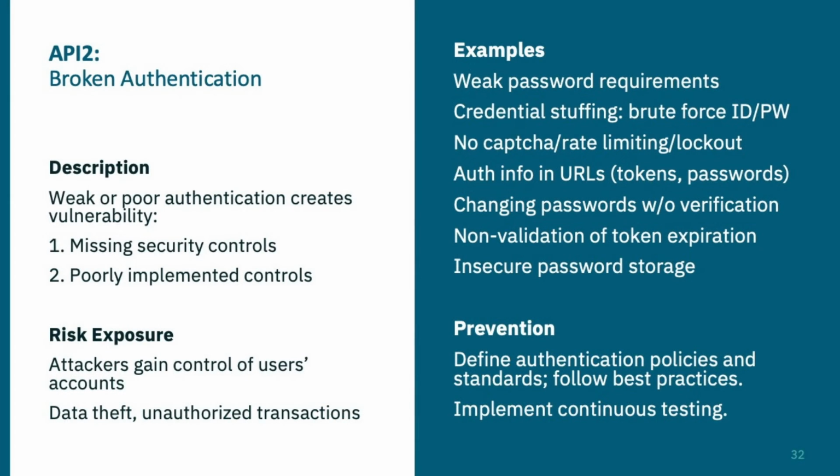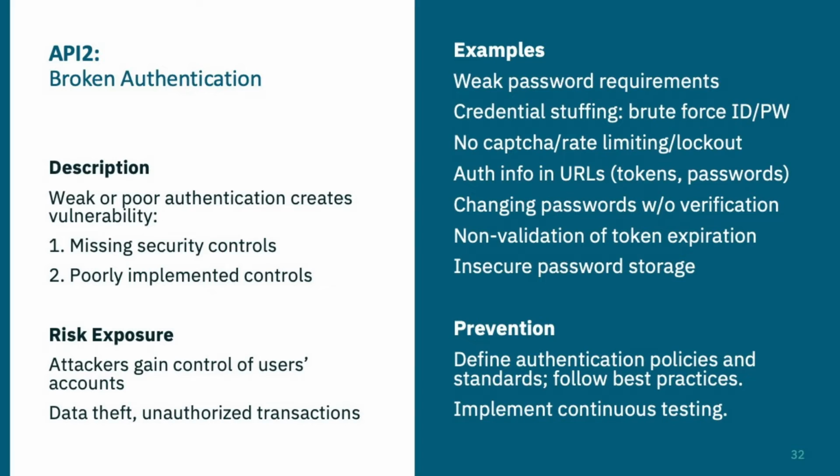As the name suggests, this is really about poor or weak or non-existent authentication to endpoints. This is number 2, also for a reason. As you've seen, it's very common. The exposure naturally is the access of other users' accounts, data theft, unauthorized transactions.